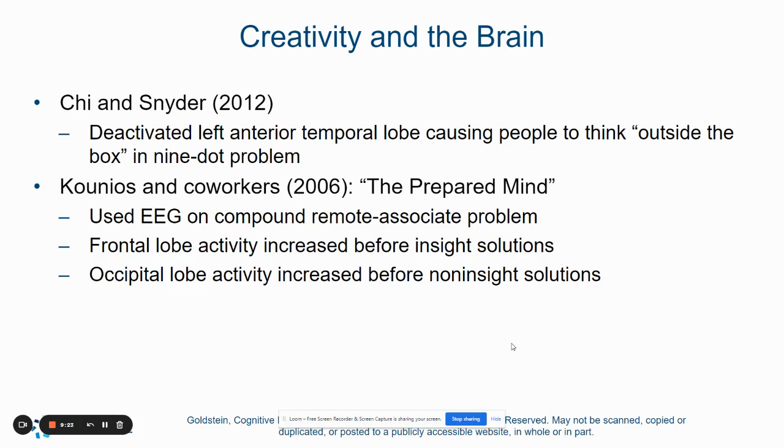And then in 2006, there was the Prepared Mind study, which used EEGs on the compound remote association problem, which showed that the frontal lobe activity increased right before a person has insightful solutions, and the occipital lobe increases before non-insightful solutions. So if we really think about that frontal lobe with the executive functioning, that makes sense that with insight, it activates, and the occipital lobe has more increased activity when non-insightful solutions are there, because your occipital lobe is controlling your visual senses and how you see something.